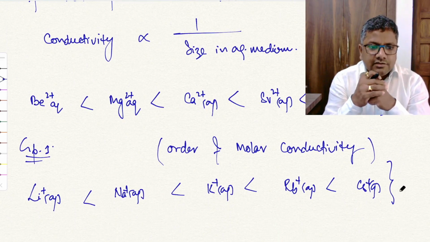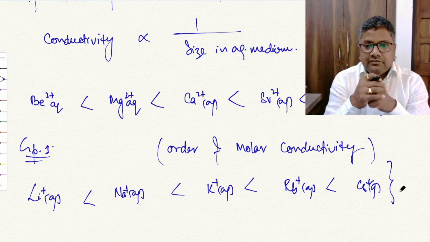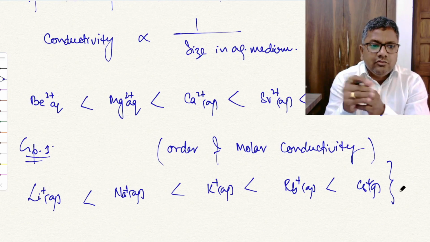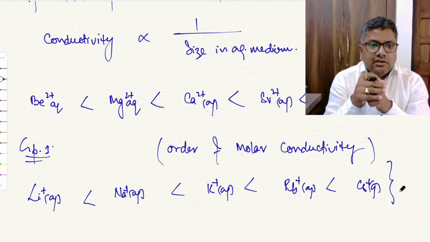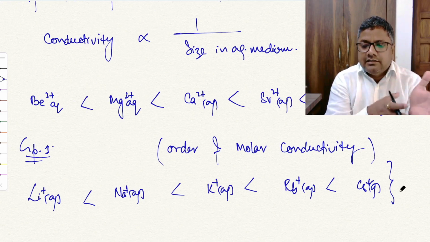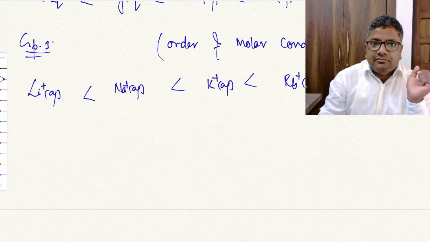Metallic character: all of you know that, due to very low ionization energy, all are good metals. Down the group, metallic character increases, but they have less metallic character than the alkali metal group, right? So if we take up the next property, that is the metallic character.